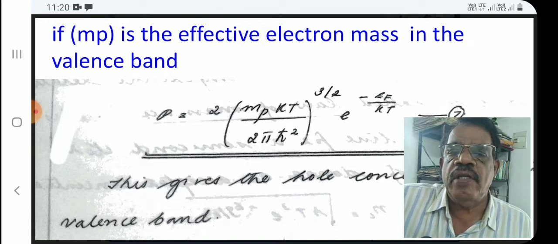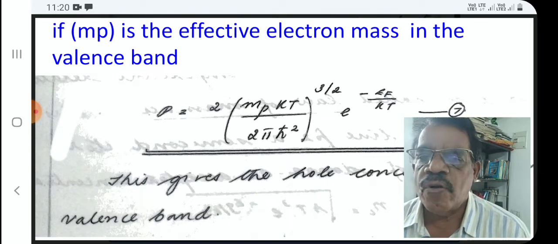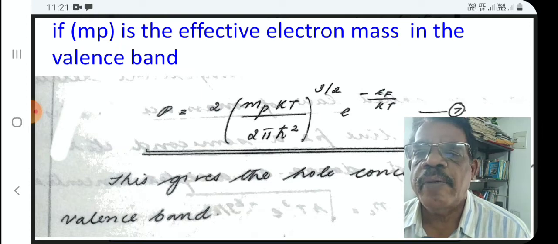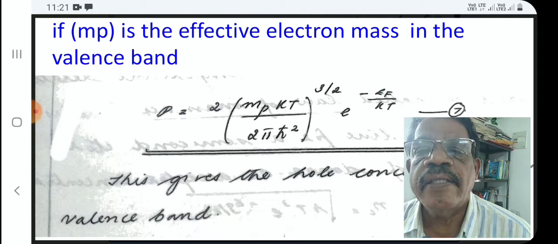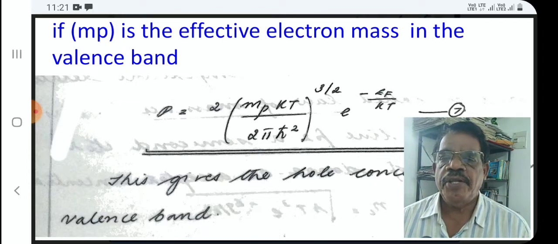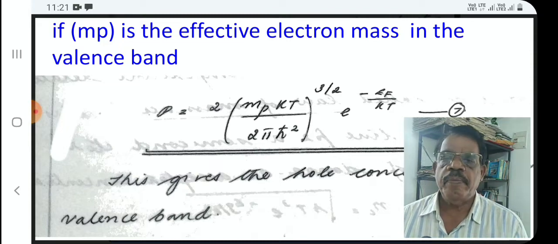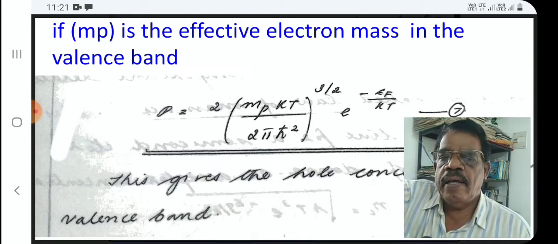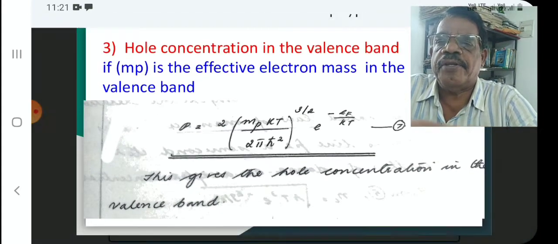There is no Eg in this expression. You carefully note the relation. EF is the Fermi energy, k is Boltzmann's constant, and T is absolute temperature. This gives the hole concentration in the valence band.